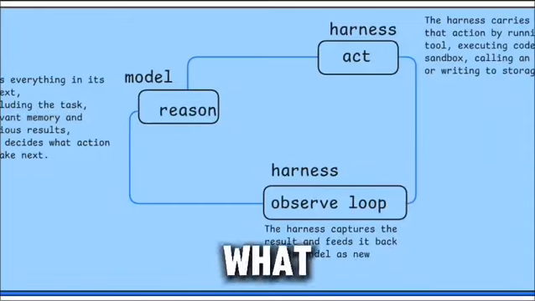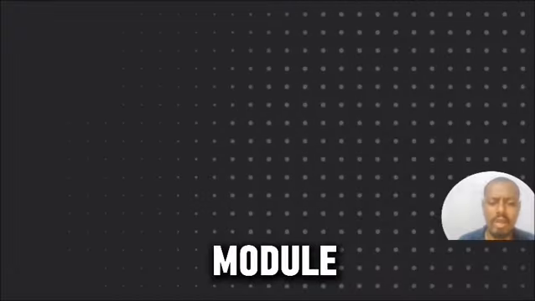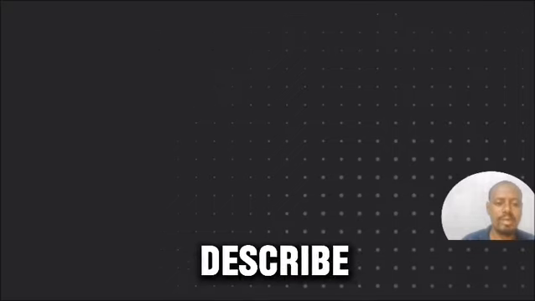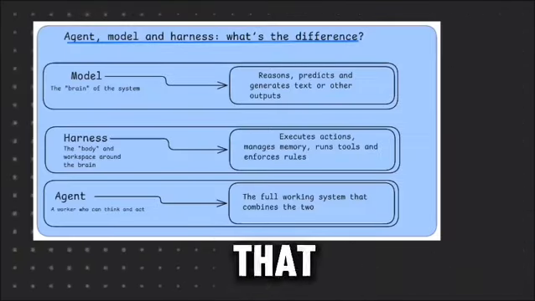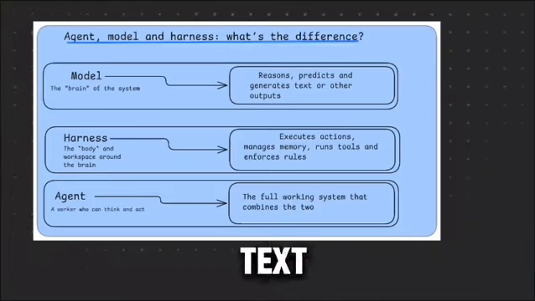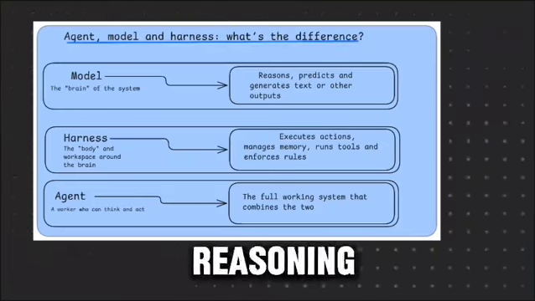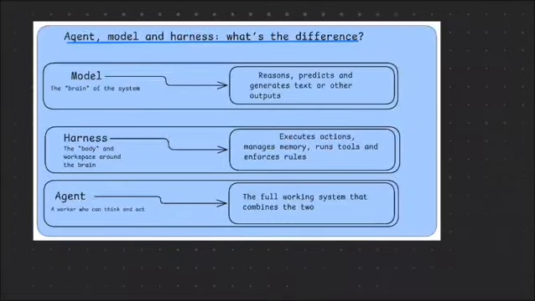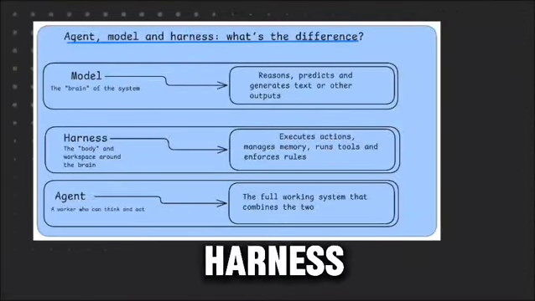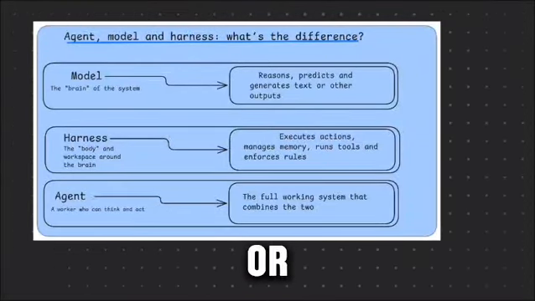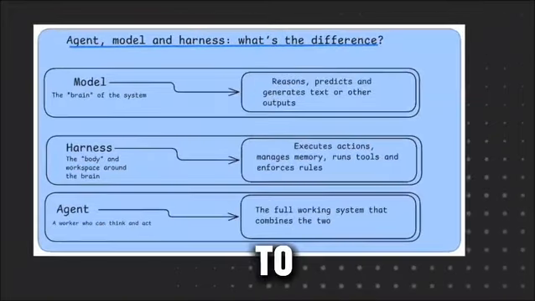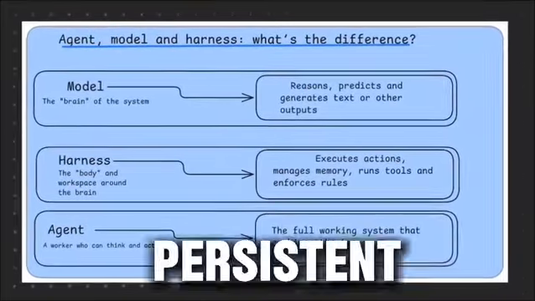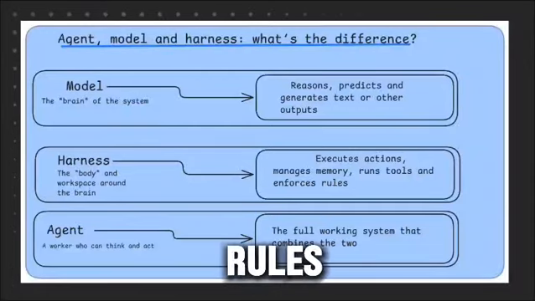Now let's see the difference between model, agent, and harness. Those 3 terms describe separate layers of one system. A model predicts tokens and generates text. It is a reasoning engine, or we can say a brain. The harness connects the model to external tools and persistent memory, and enforces rules.